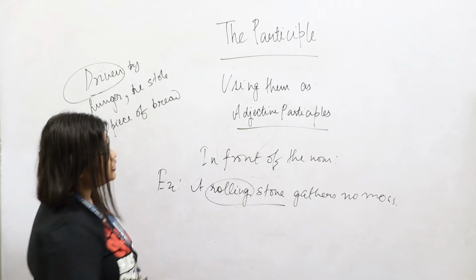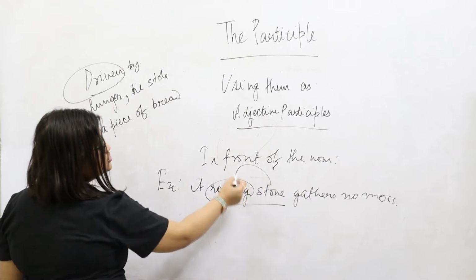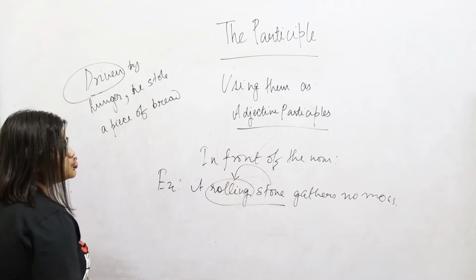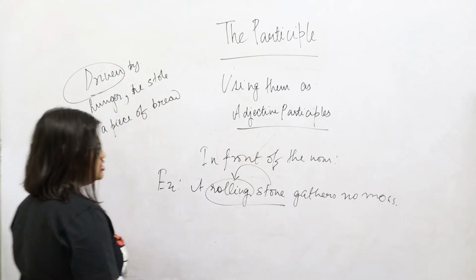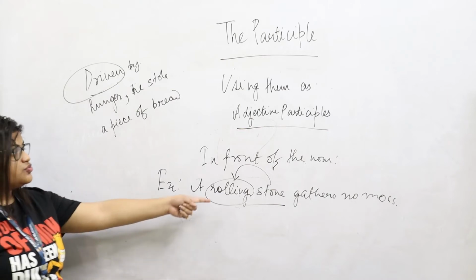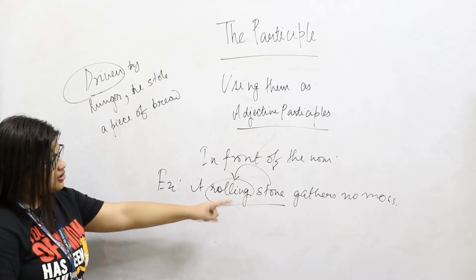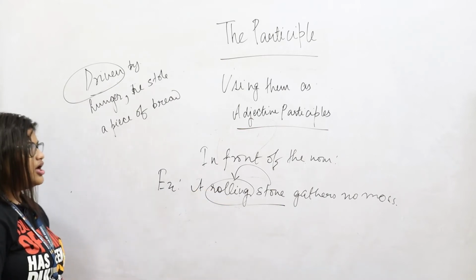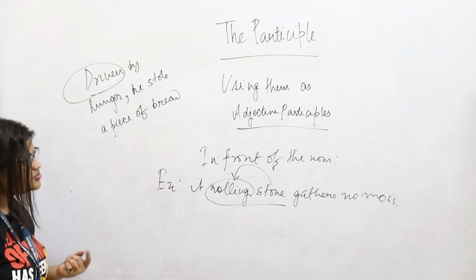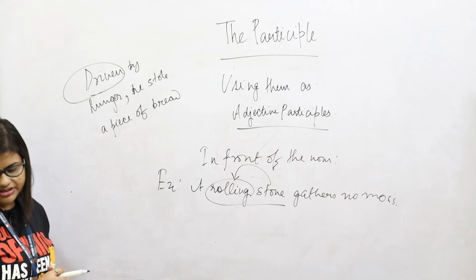So we are fulfilling both the conditions, that is it is being used before the noun and it is being used to describe the noun. As you can see with the ing, it's very clear that this is a present participle. But since it is describing the noun, it is not just a present participle, it's also an adjective participle.